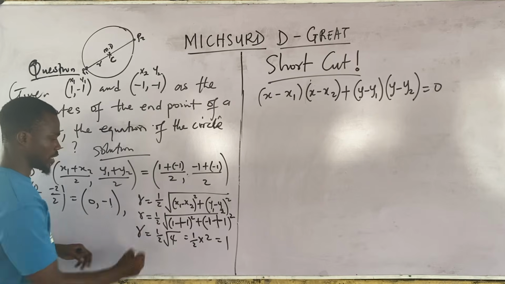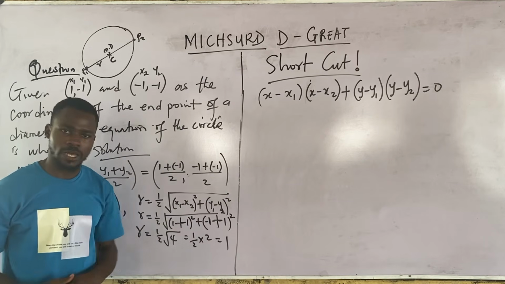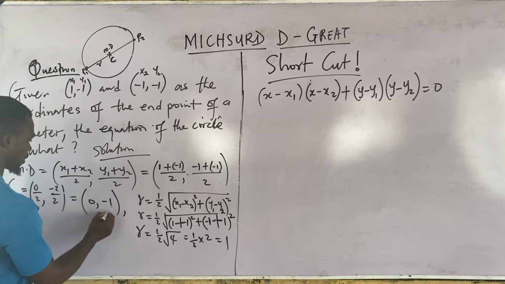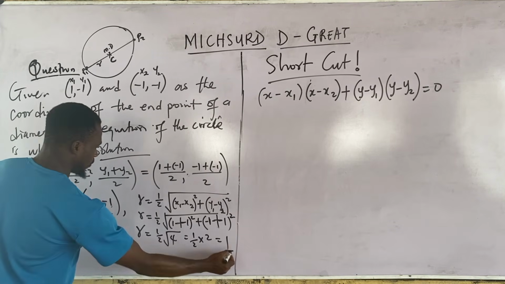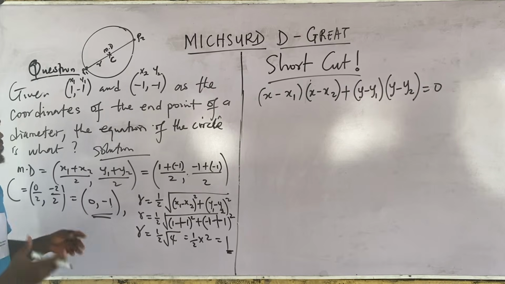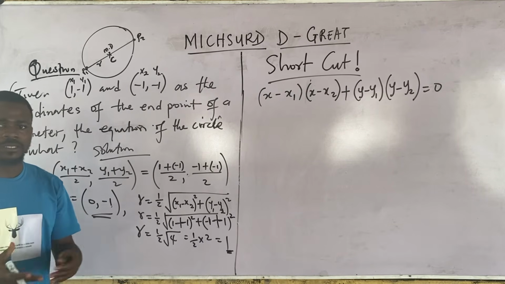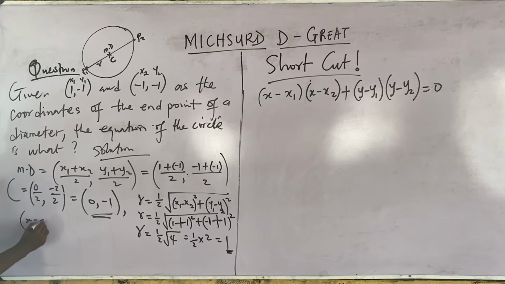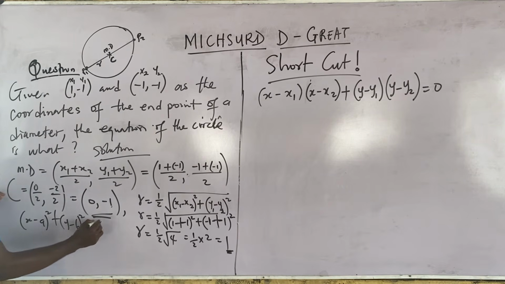So the radius here is what? It is 1. Now we have the center, and we now have the value of the radius. That means we can form the equation. So remember, the equation is x minus a all squared plus y minus b all squared equal to what? r squared.